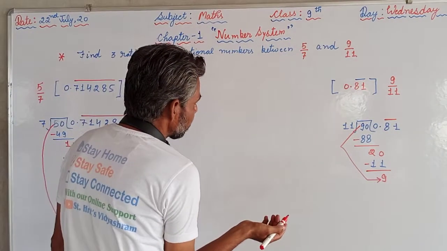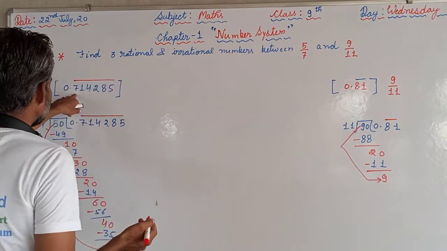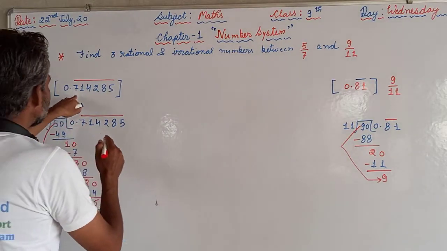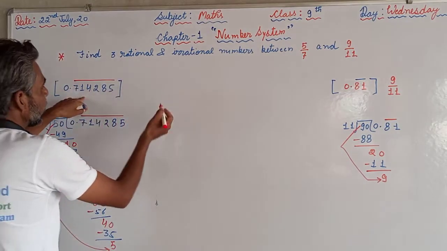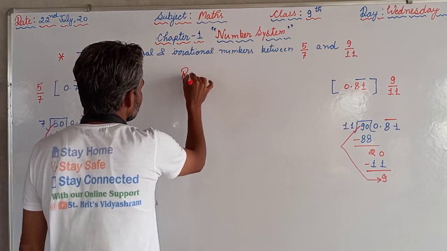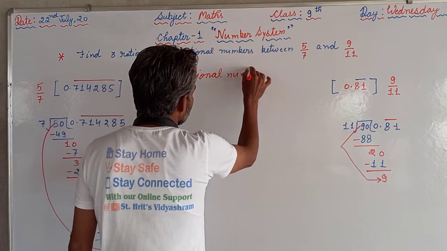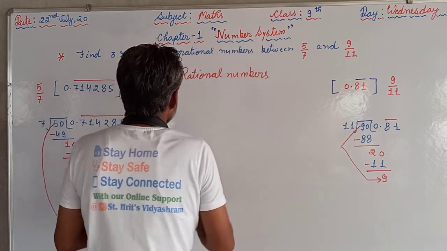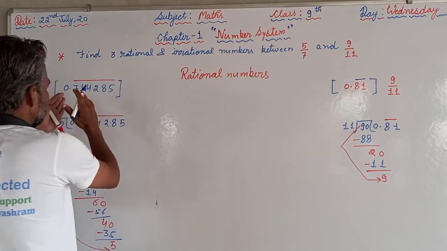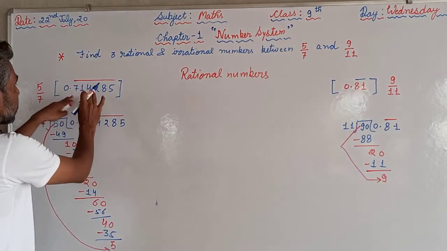Three rational numbers we can find in between, 0.7 or we can take 0.71. So we can take rational numbers which are more than this number.